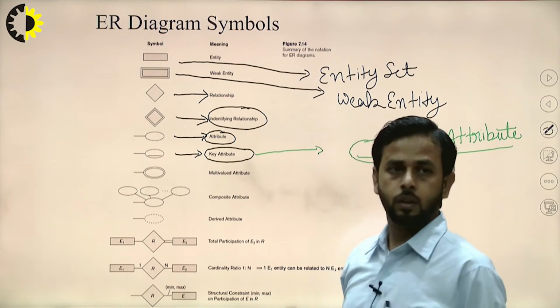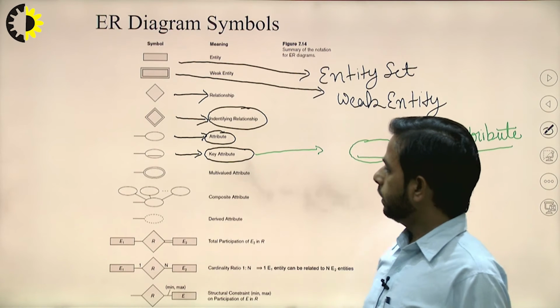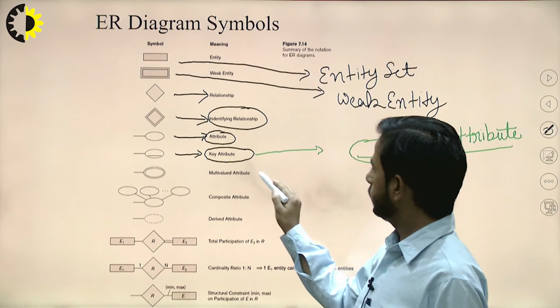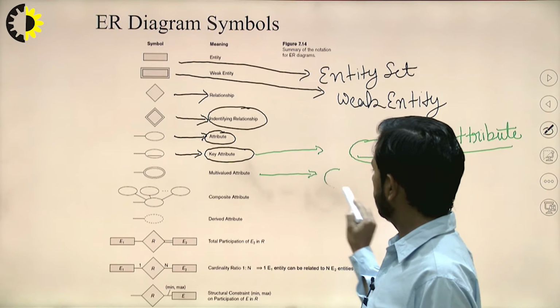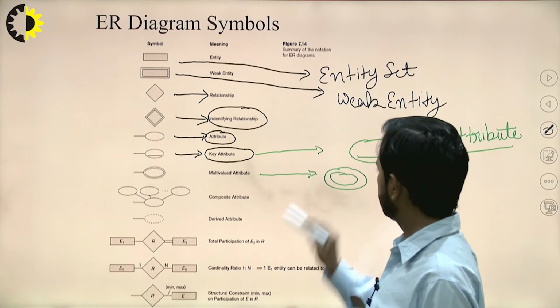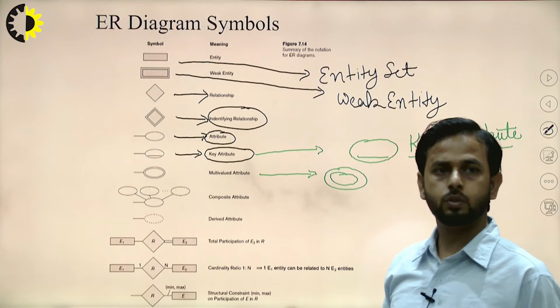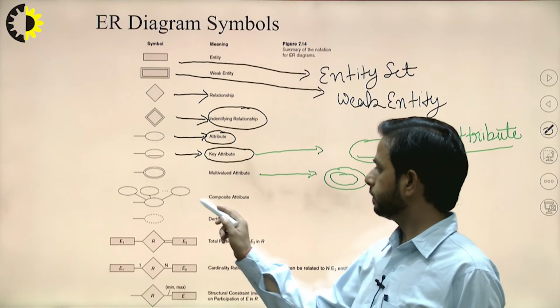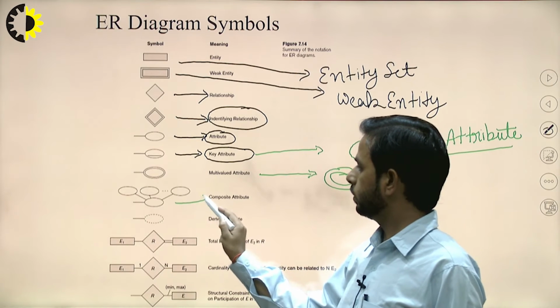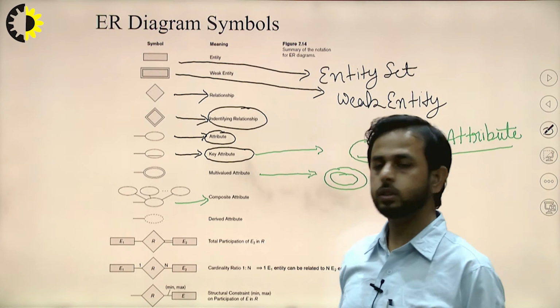Now this double line oval symbol shows it is a multi-valued attribute. This symbol shows it is a composite attribute.